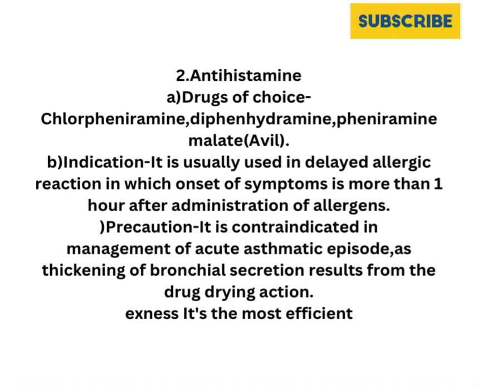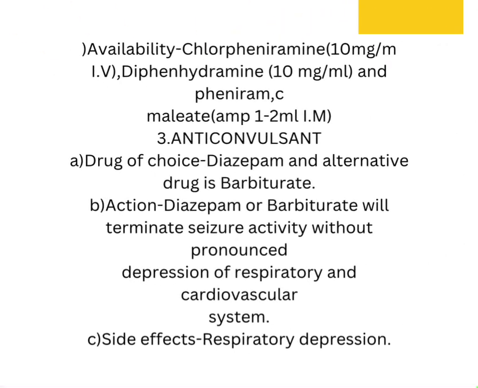C. Precaution: it is contraindicated in management of acute asthmatic episode, as thickening of bronchial secretion results from the drug's drying action. D. Availability: chlorpheniramine 10 mg per ml IV, diphenhydramine 10 mg per milliliter, and pheniramine maleate amp 1 to 2 ml IM.